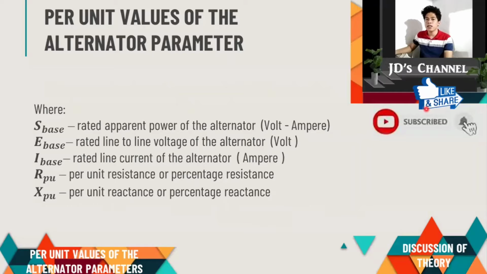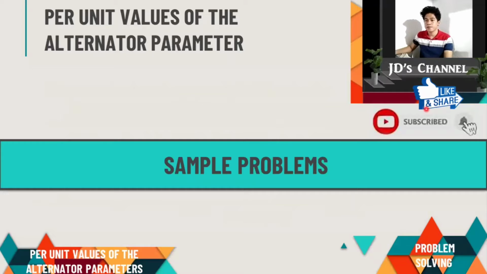I base is the rated line current of the alternator in ampere. R PU, or the per unit resistance or percentage resistance. X PU, or the per unit reactance or percentage reactance. So those are the formulas, parameters, their units, and their meaning.